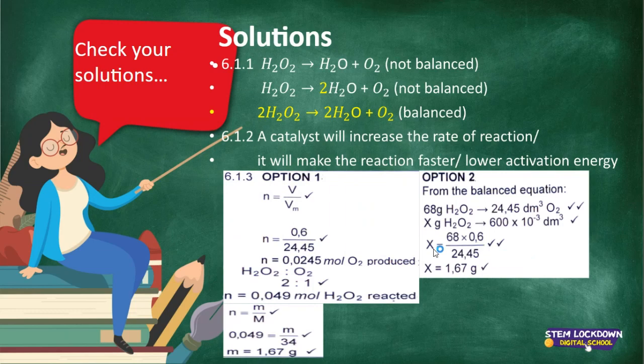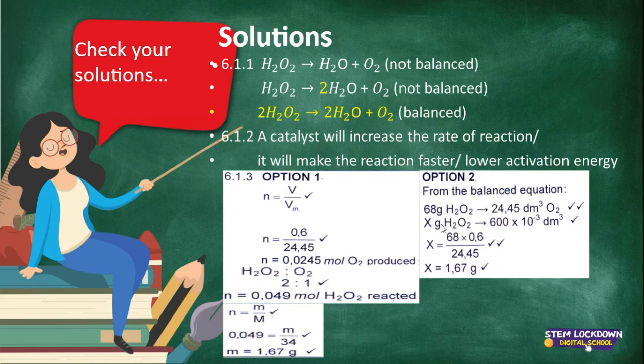Now we want to know how many grams will produce 600 cubic centimeters, which is 600 times 10 to the power minus 3 decimeter. Remember, this is the same as 0.6, because 600 multiplied by 10 to the minus 3 is the same as dividing by 1,000, because you need to convert that to cubic decimeters.